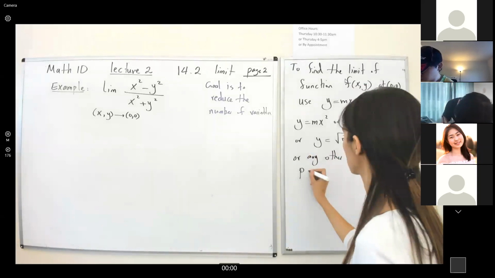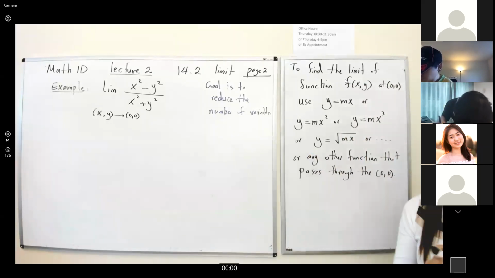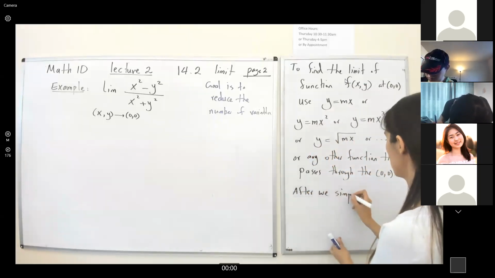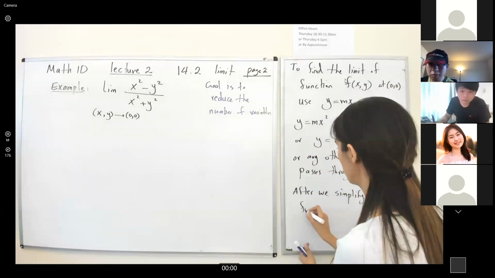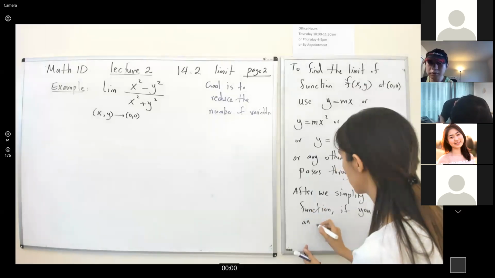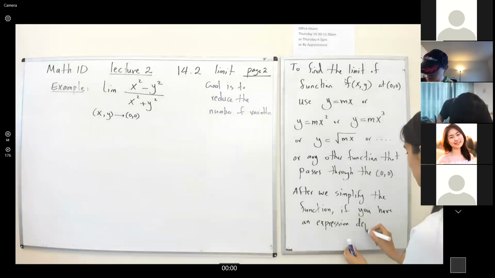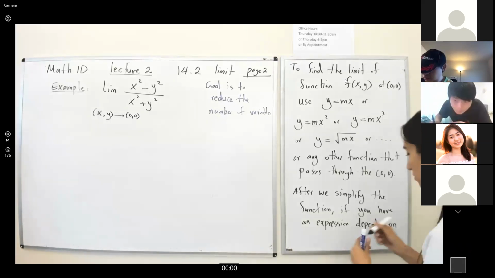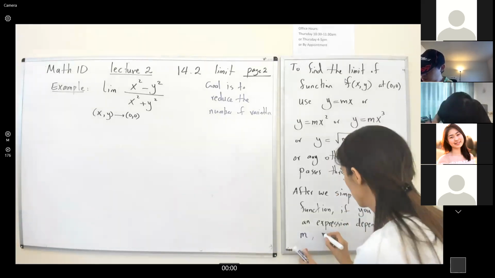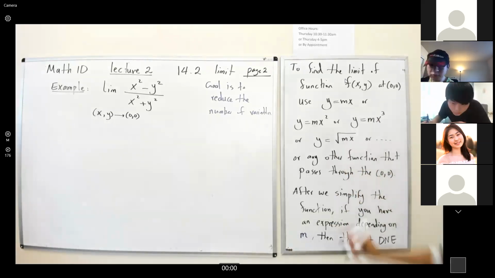After we simplify the function, if you have an expression depending on m, then the limit does not exist. This is your first method.